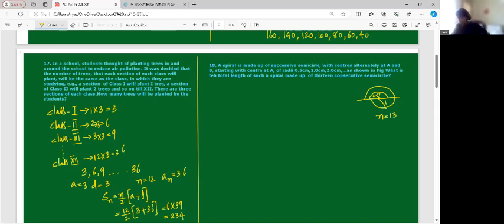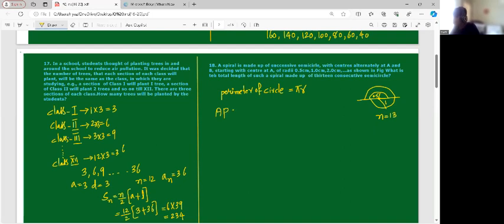First of all, you should know the formula for the perimeter of a semicircle: pi r. So here again we have to get a progression form. Pi r will form an AP.